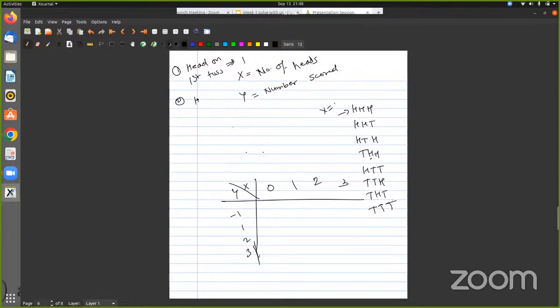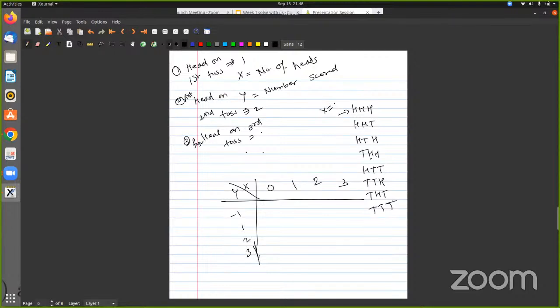The second is when I get head on the second toss, then I'll score 2 points. When I get head on the third toss, I'll score 3 points. First head only.